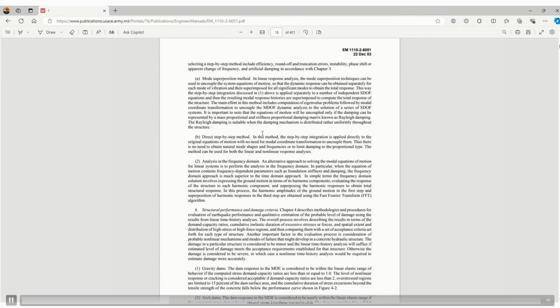So that is the original equation, with no need for modal coordinate transformation to uncouple them. We don't need mode shapes for direct step-by-step methods. Every mass will participate in each cycle.